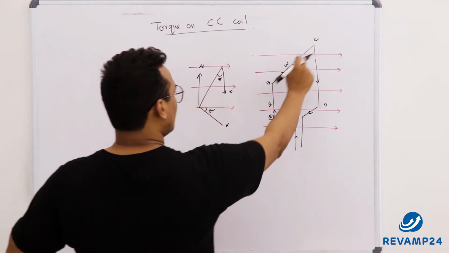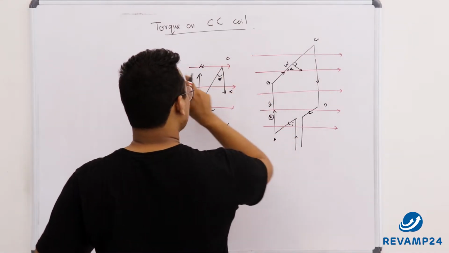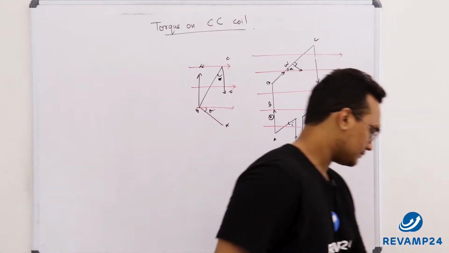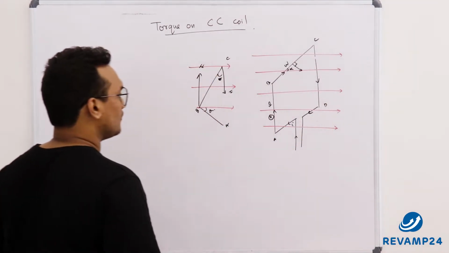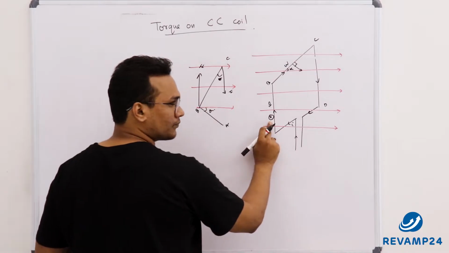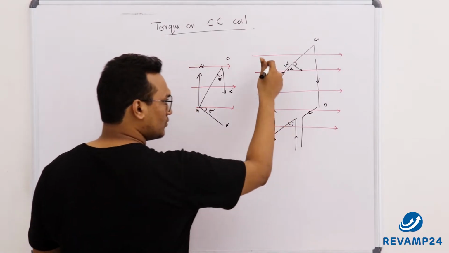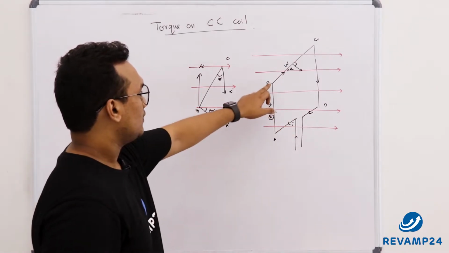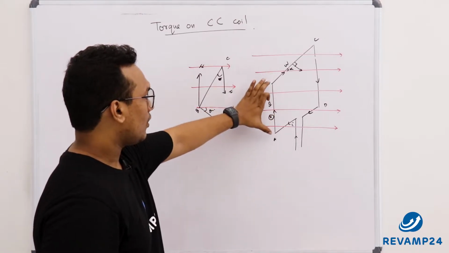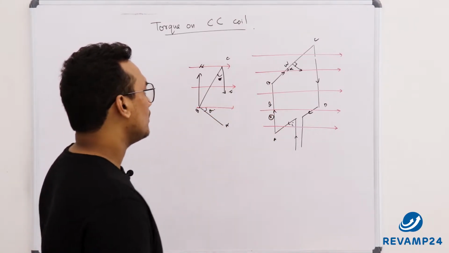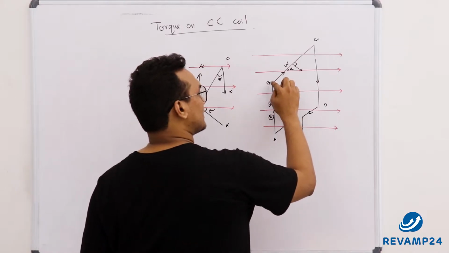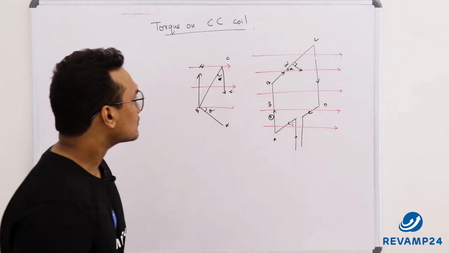See, this is BC and this one is the magnetic field lines. Here the force is into the plane on AB.